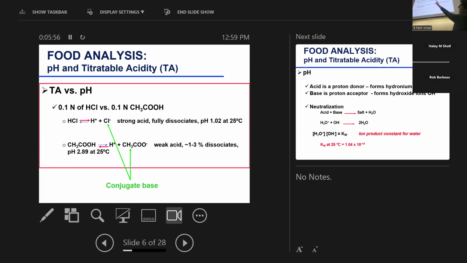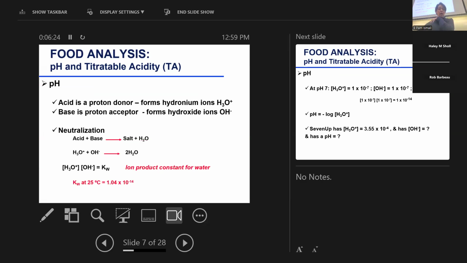Same concentration, different pHs. Why? Because strong acid fully dissociates, weak acid only partially dissociates. So 0.1 normal HCl has a pH of 1. Acetic acid 0.1 normal has a pH of almost 3. So very different pH, same concentration.